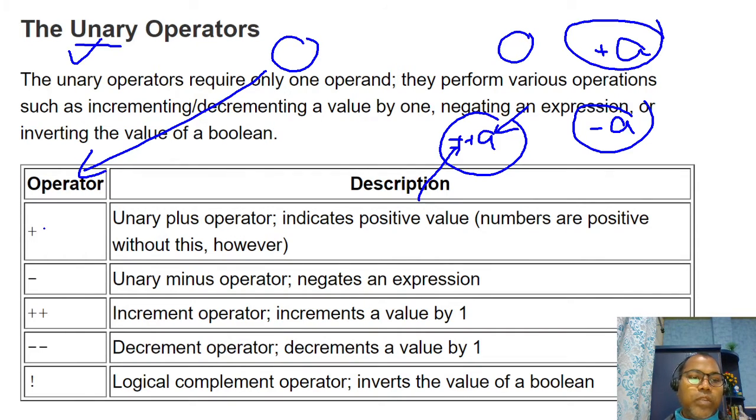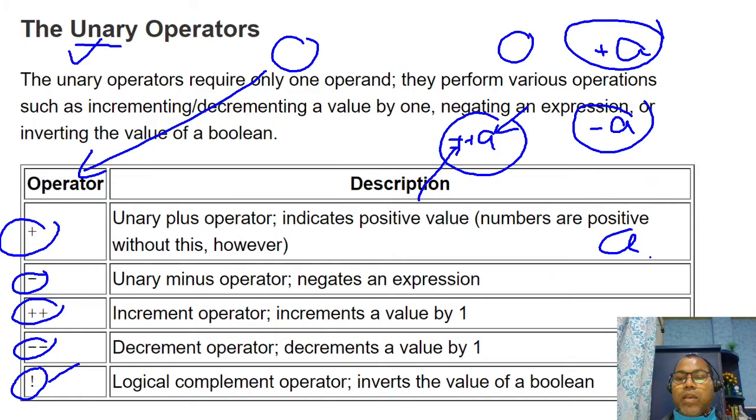So these are the unary operators: plus for a positive number, minus for a negative number, your increment, your decrement, and logical NOT, which negates the value and inverts the Boolean value. If you have true, then it becomes false, and false becomes true. If you say a minus minus, that is decrement by 1.